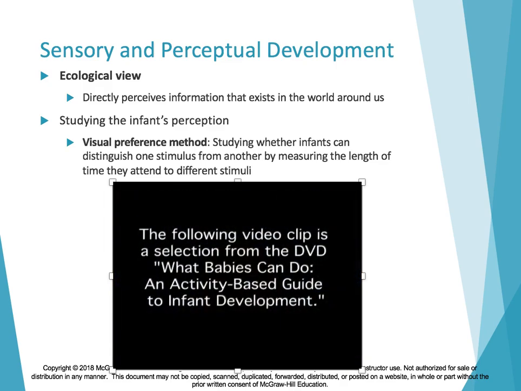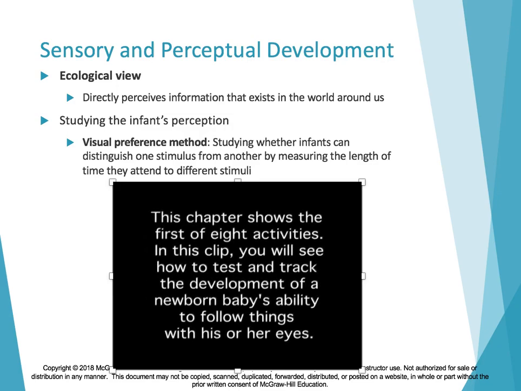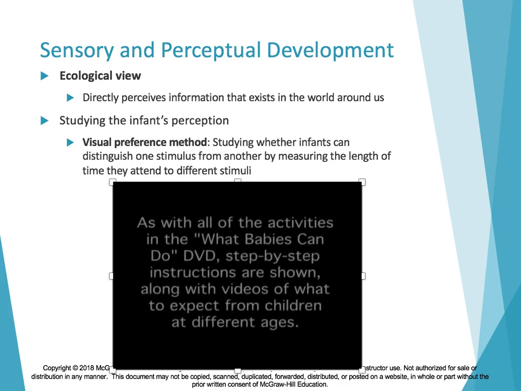The following video clip is a selection from the DVD What Babies Can Do, an activity-based guide to infant development. This chapter shows the first of 8 activities. In this clip, you will see how to test and track the development of a newborn baby's ability to follow things with his or her eyes.